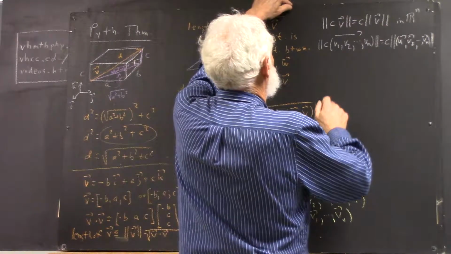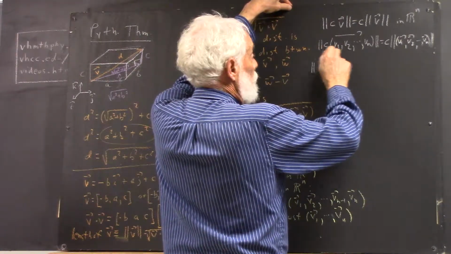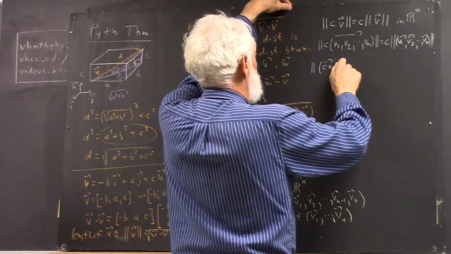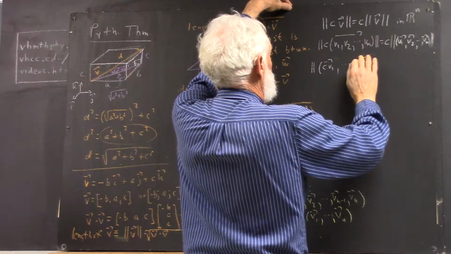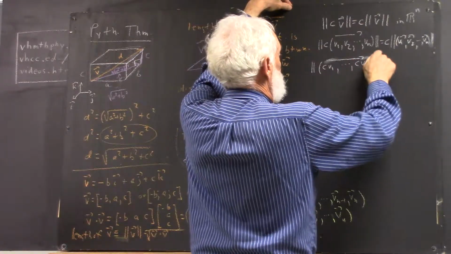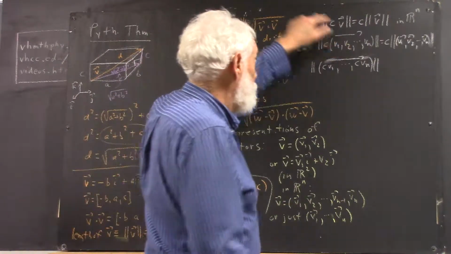The left-hand side, c times this vector, is just cV1, dot dot dot, cVn. I have the arrows wrong. So we just multiply through by the c.